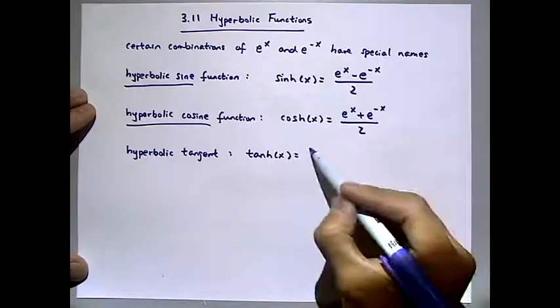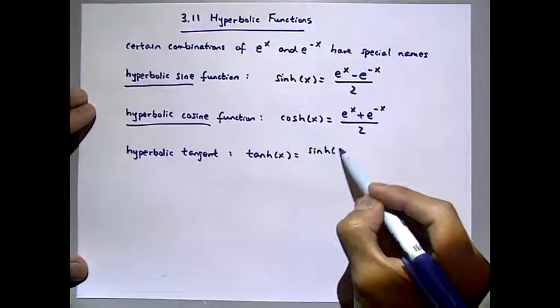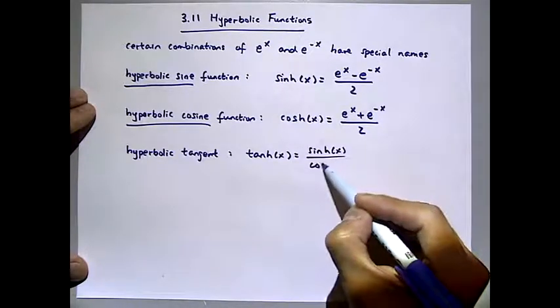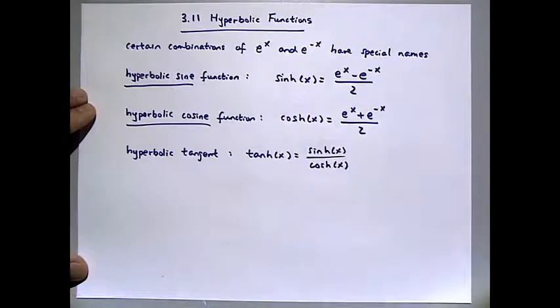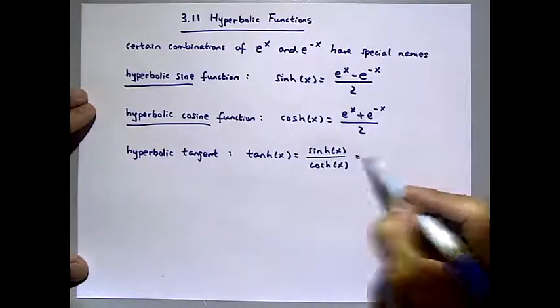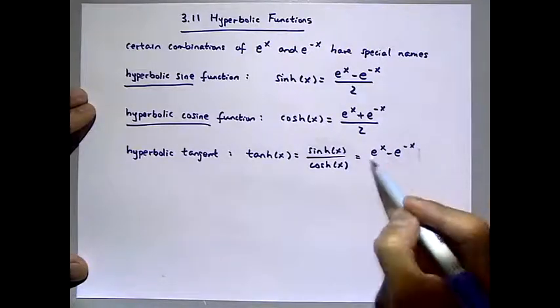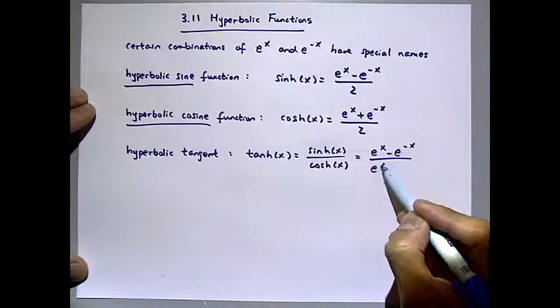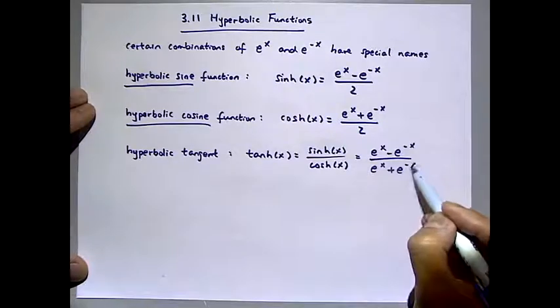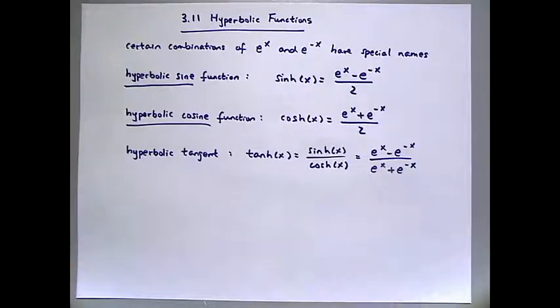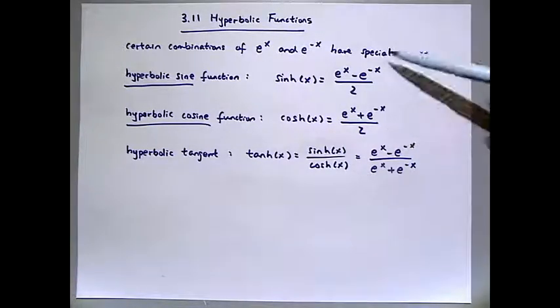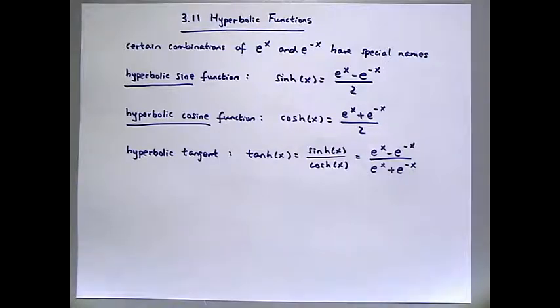It's defined as the hyperbolic sine over the hyperbolic cosine, or e to the x minus e to the minus x over e to the positive x plus e to the minus x. This over that. Same thing with hyperbolic secant and all that stuff. If you know the first two, you know all the rest of them.